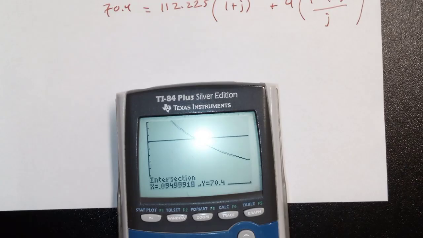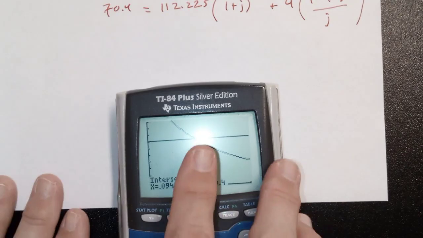I also, by the way, got coupons for those 5 years, right? I got 5 years worth of coupons. I could have deposited them and earned interest on them as well. And that could add to my yield here.